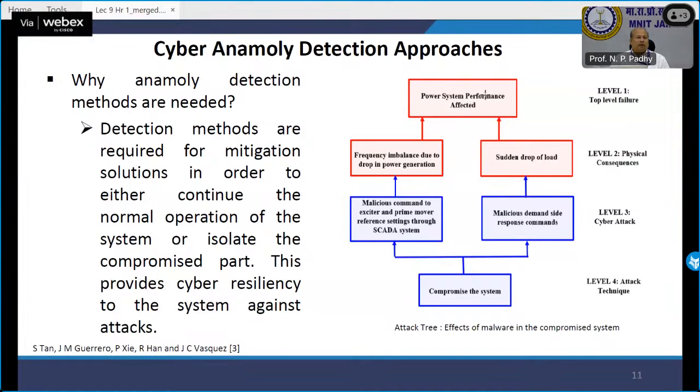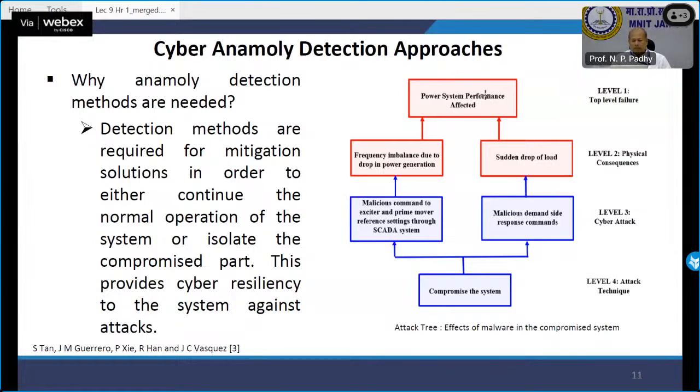This provides cyber resilience to the system against attack. So when you realize someone has attacked your thermal power plants, and you realize that one thermal plant actually got affected, instead of allowing it to affect other thermal plants, we can isolate that power plant, let that plant go to hell. The rest of the country must be in operation.